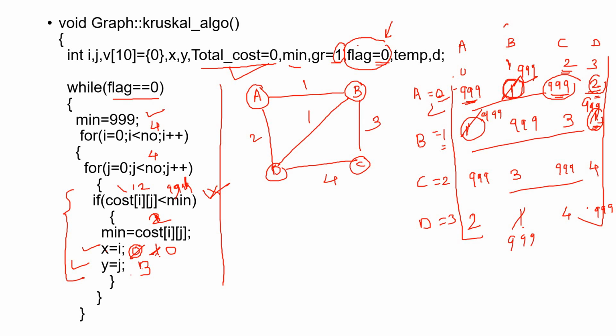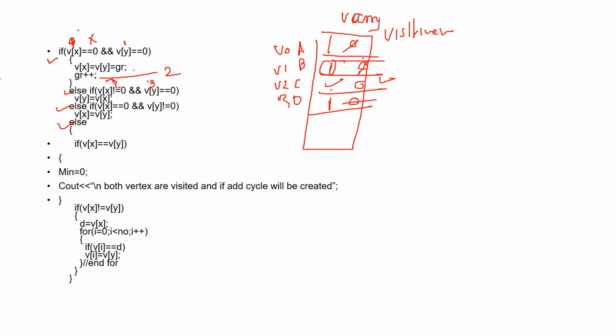So 2 is minimum, so again it will check. x is 0 and y is 3. So v of 0, here it will check: v of 0 is equal to 0? No, it is 1. And v of 3 is equal to 0? No, it is 1. So it will check the else-if condition, whether v of 0 is not equal to 0, true, but v of 3 is equal to 0, no, it is also 1, so this is false.